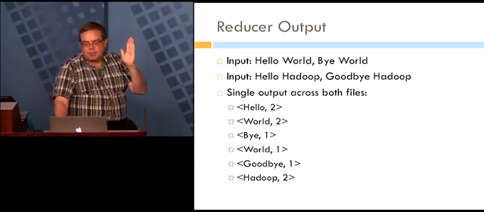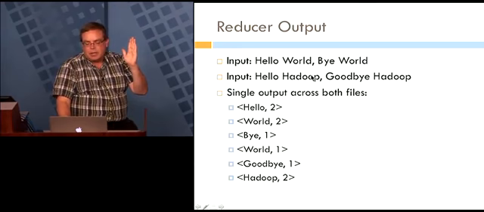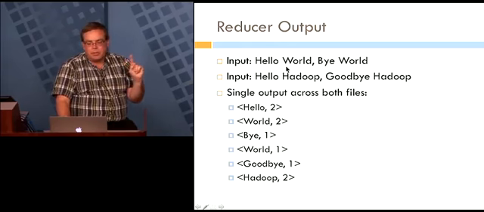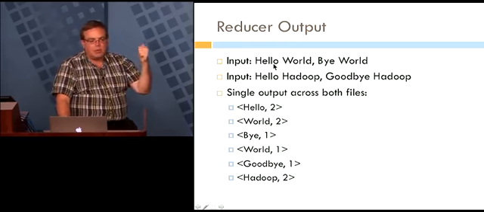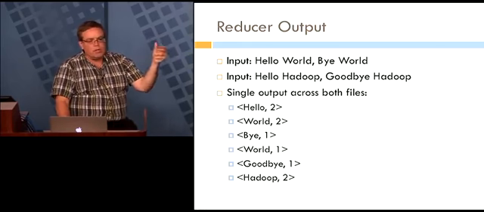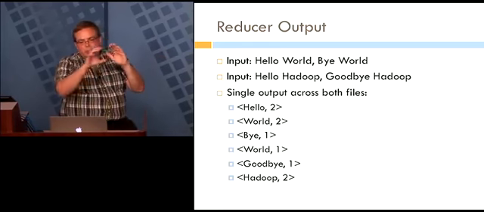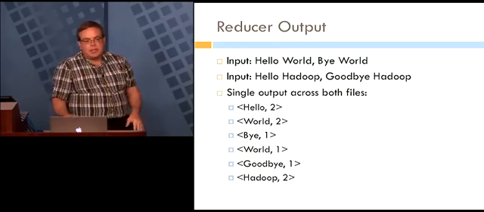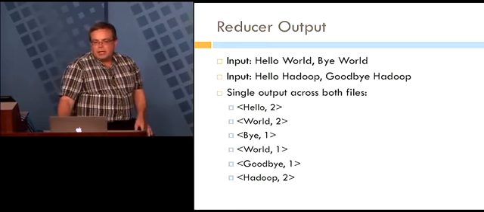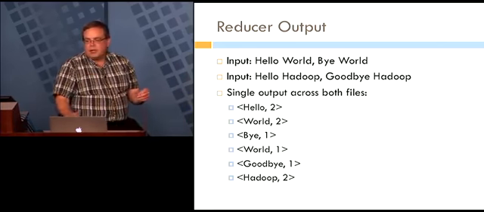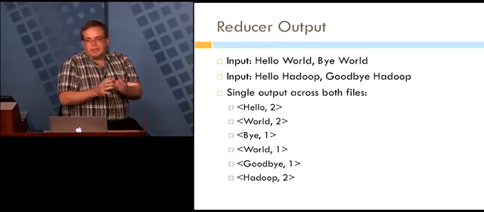So, for example, if this whole sentence is being processed on one mapper node, instead of producing hello 1, world 1, by 1, world 1, it would produce hello 1, world 2, and by 1. It just reduces the amount of data that's distributed across the network. And for an associative commutative operation like this, it should work just fine.